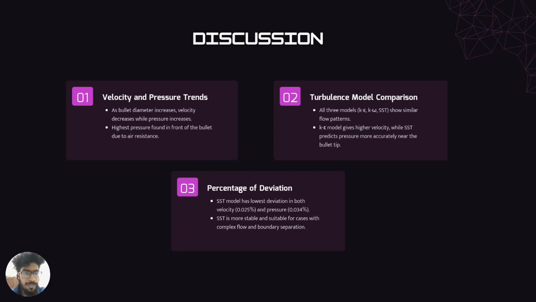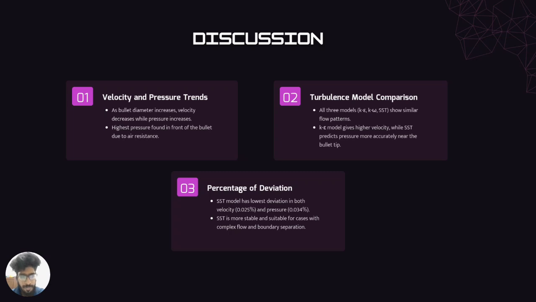Here we're going to discuss the results in three terms: velocity and pressure trends, turbulence model comparison, and percentage of deviation. For the velocity and pressure trends, as the bullet diameter increases, the velocity decreases while the pressure increases, especially at the nose of the bullet, due to the increased impact with the air molecules. Next is the turbulence model comparison.